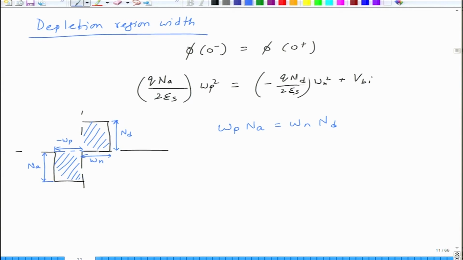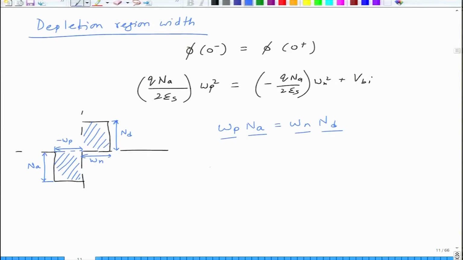It may be asymmetric, so one may be high, one may be low, but you can see that if Na goes up, Wp will go down, if Nd goes up, Wn will go down. However, the positive charge density on one side of the depletion region is matched by the negative charge density on the other side of the region.